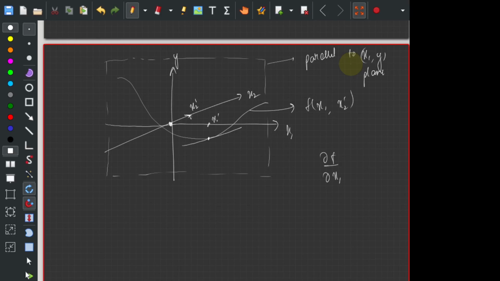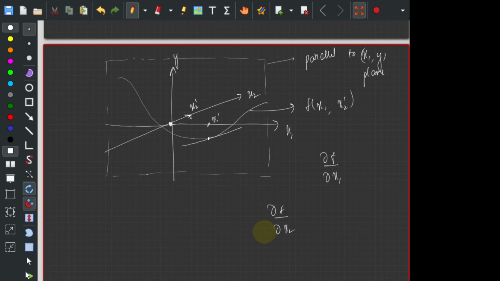So in other words, I'm taking this straight line which is tangential to the surface, but at the same time it is parallel to the x1-y plane. Correct? Similarly, if I look at ∂f/∂x2, right? This is the slope of a straight line which is tangential to the surface, but is parallel to the x2-y plane.